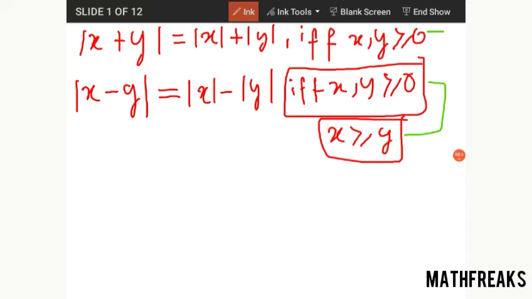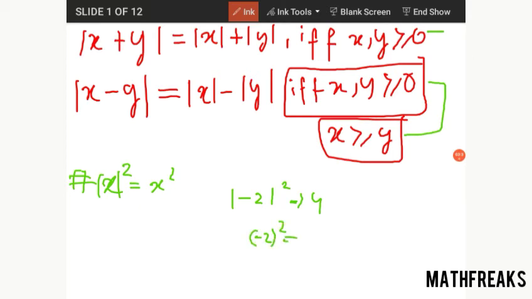Okay, then let us move on to the next rule, that is mod of x whole square is equal to x square. Again, very logical. For example, mod of minus 2 whole square is equal to 4, and similarly minus 2's whole square is also 4.